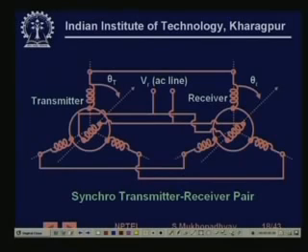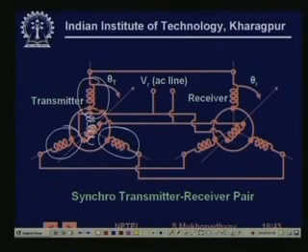So if you rotate the rotor on the transmitter, the voltages induced on these coils are going to be of different magnitude. Maybe when the coil is in this position, the voltage induced here is going to be maximum, and the voltages induced here are going to be less, and so on.